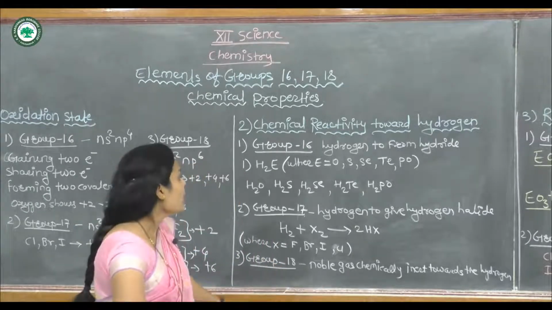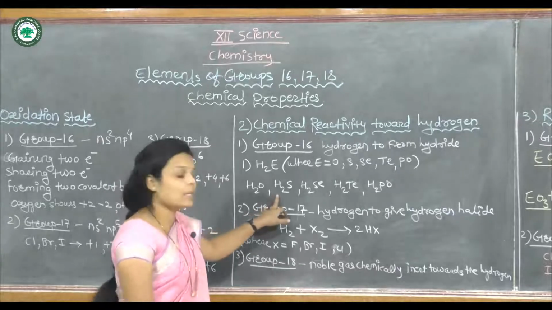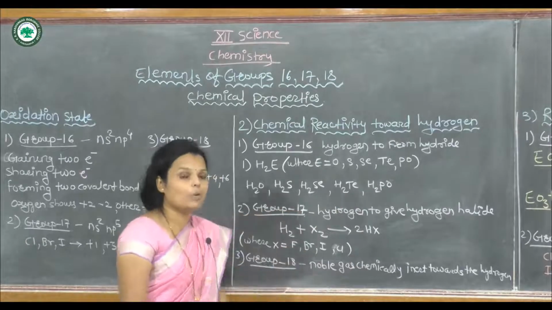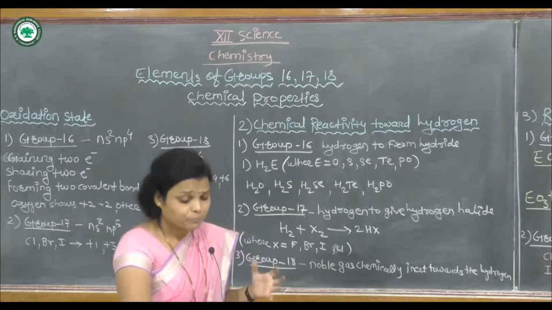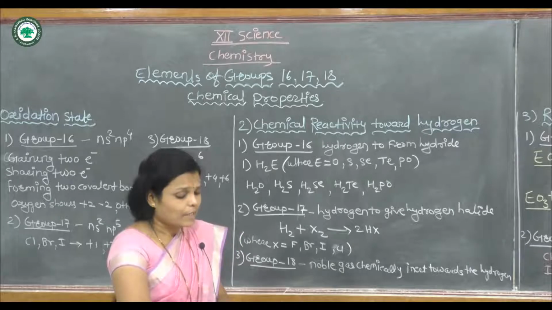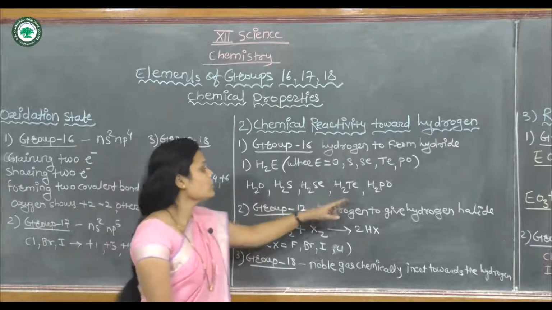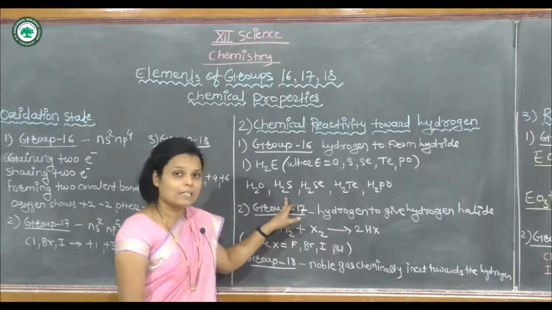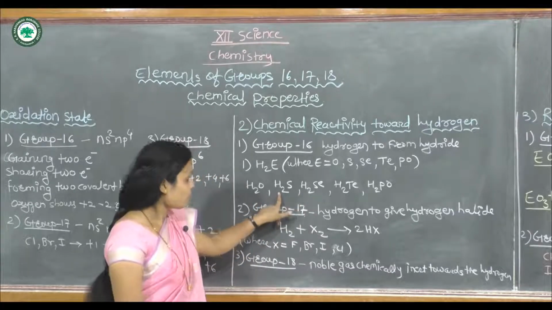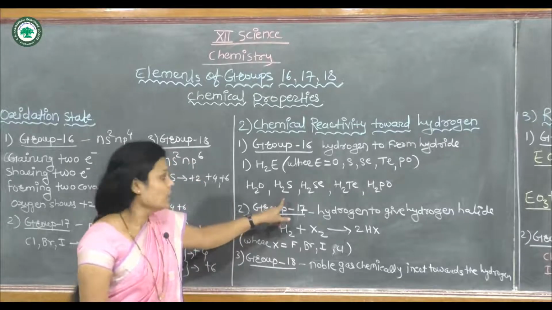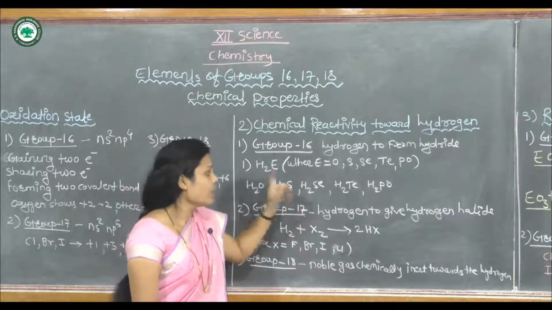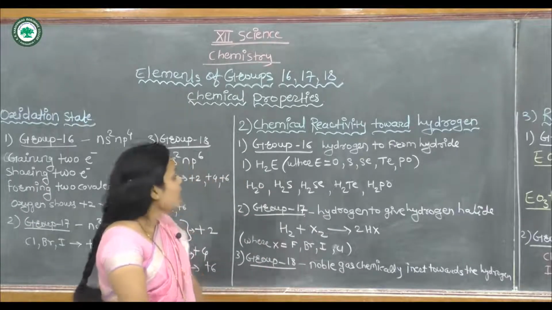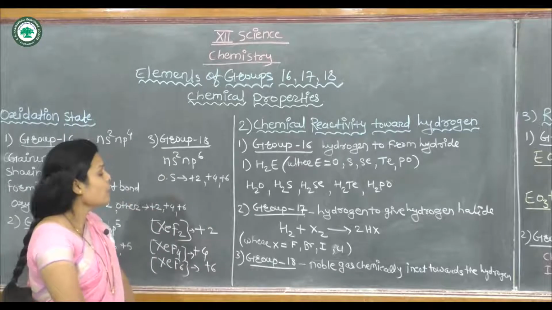But the next molecules, H2S, H2Se, H2Te and H2Po, are colorless but gaseous, and these are poisonous gases. They are also colorless but bad smelling, poisonous gases formed in H2S, H2Se, H2Te and H2Po. Now the next reactivity is group 17.